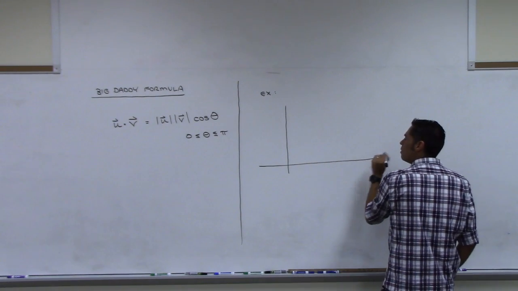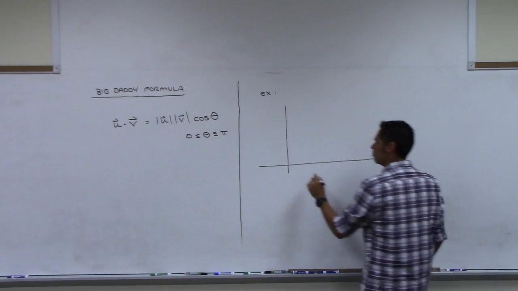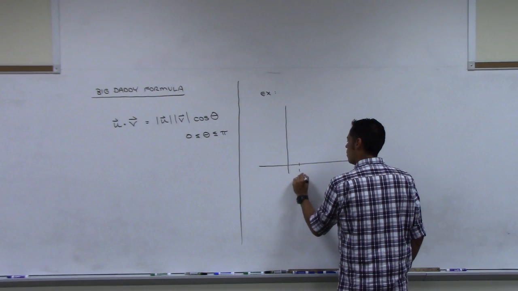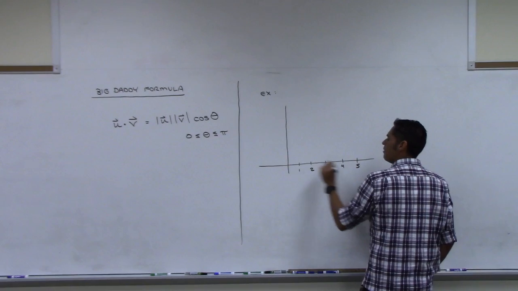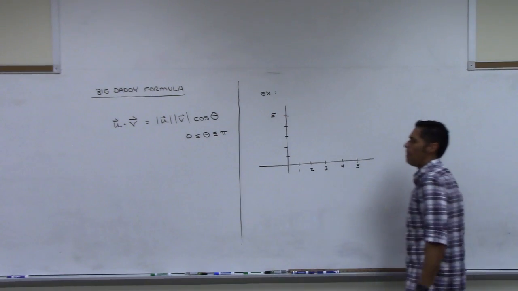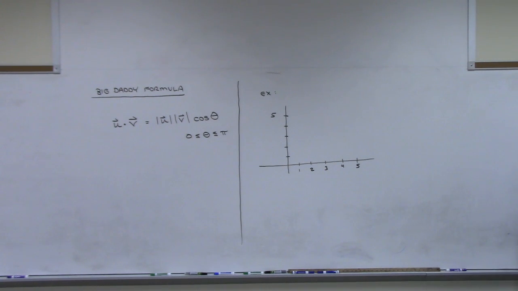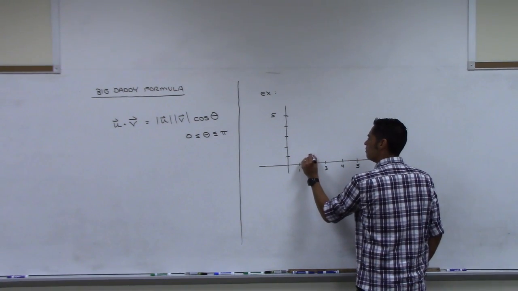Please draw a quick little two-dimensional plane here. I'm going to pick some arbitrary points out here. 1, 2, 3, 4, 5. I'm going to go 5 units each way. I'm going to go to this point right here.